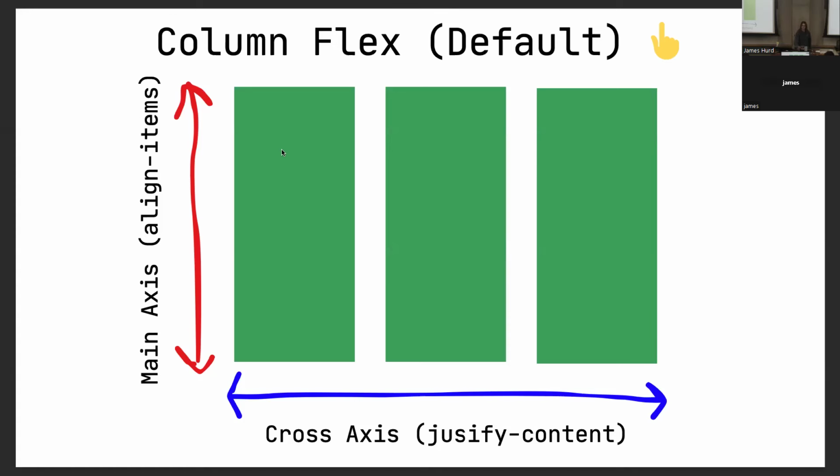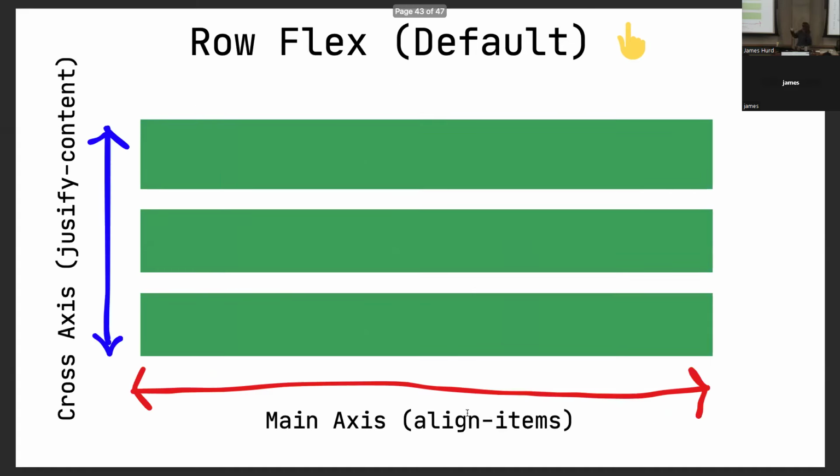So if I had a bunch of spans inside of a div, it would try to display each of these spans as a column next to each other. And you have this main axis, which is the align items axis, and that'll make a bit more sense in a minute. And you have the cross axis, which is the justify content. And then, of course, you have row flex, which is what you would think. Instead of trying to display them as columns, it tries to display them as rows.